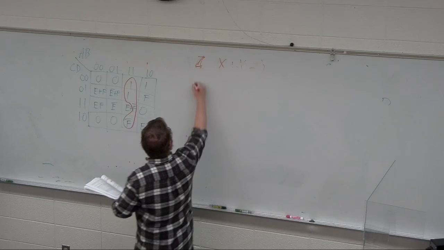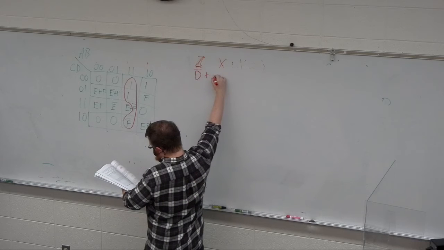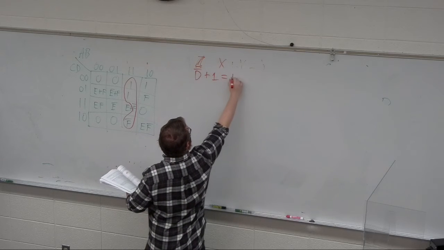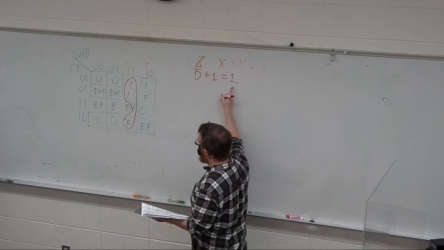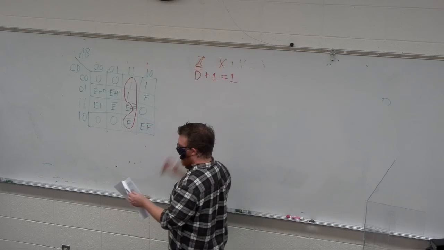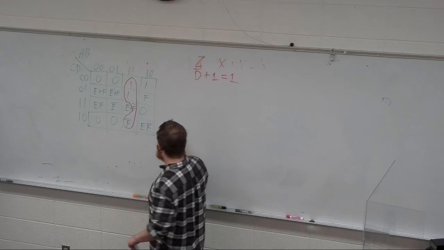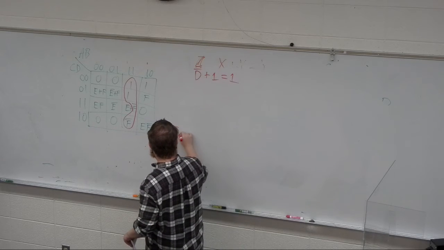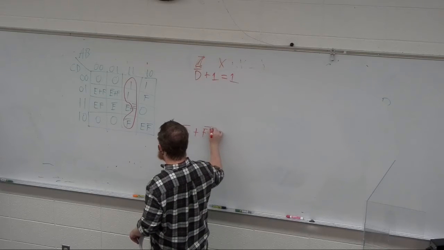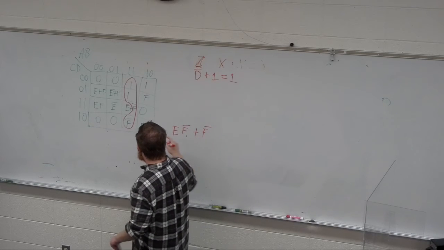So if you recall, if you have something like D or 1 equals 1, I am allowed to circle it. So in this particular case, we have an interesting situation where what is EF bar or F bar?